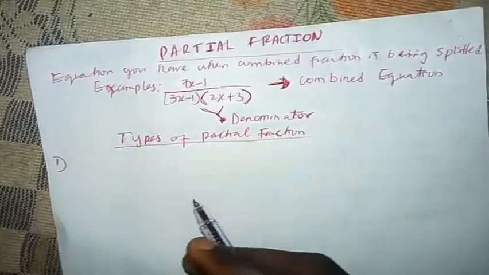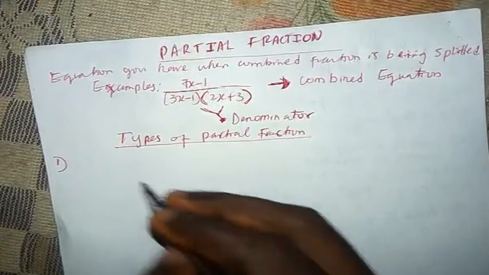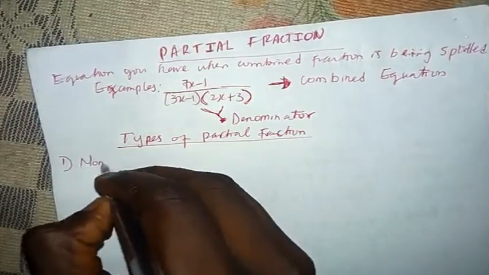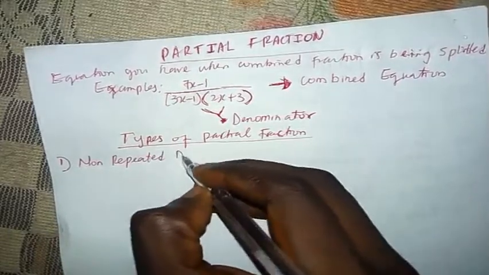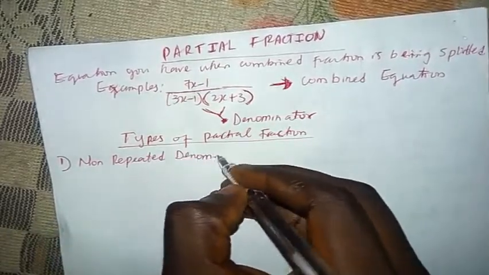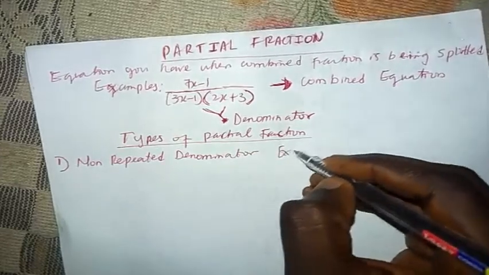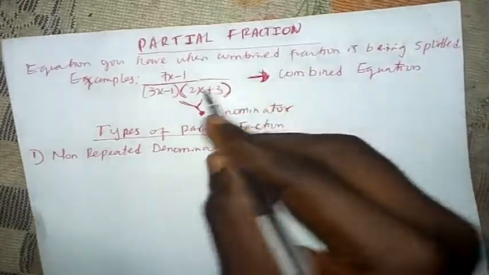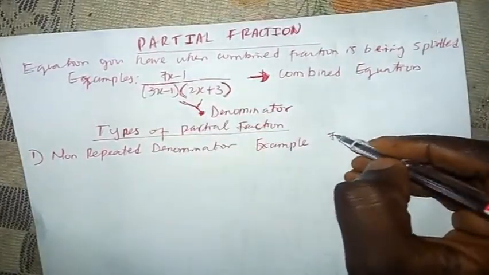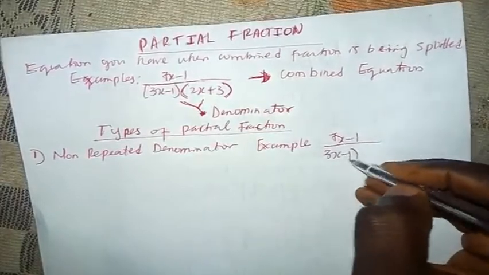Number one type of partial fraction is the one we call non-repeated denominator. It means that the denominator will not be repeated. It will be single. Something like (7x - 1) over (3x - 1)(2x + 3). It will not be repeated at all.